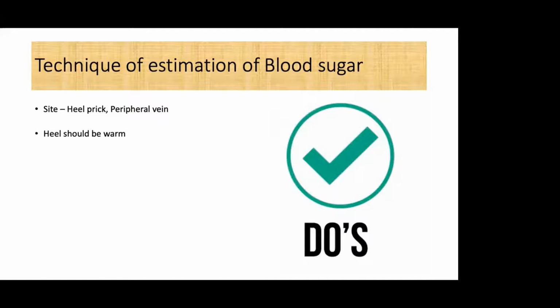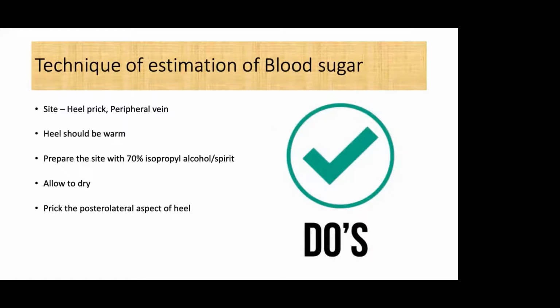Either you can warm the heel using lukewarm water, or you can just cover the heel for some period before estimation. Then prepare the site with 70% isopropyl alcohol or spirit. It is always important to allow some time for the spirit to dry, and prick the posterolateral aspect of the heel and follow the instructions on the reagent strip bottle. And if the blood sugar is found to be low, always try to send a lab sample for confirmation.